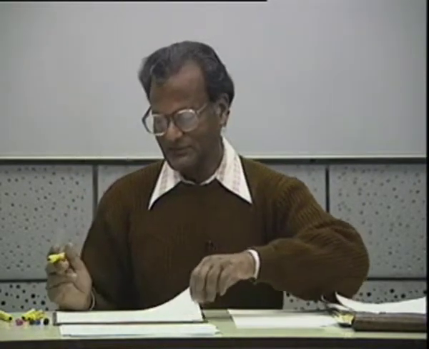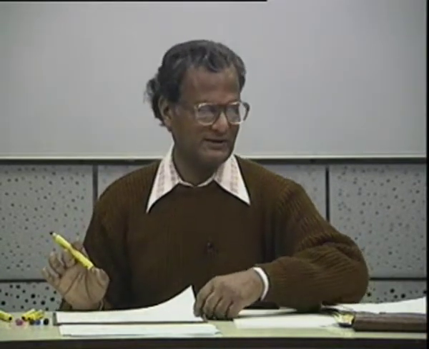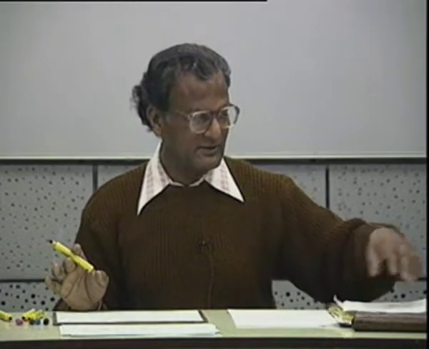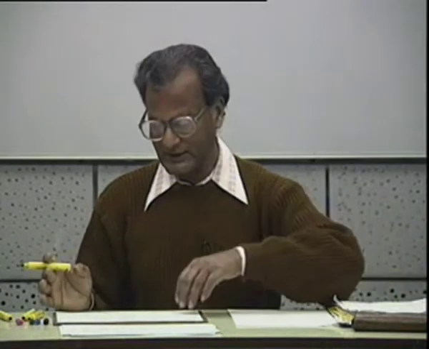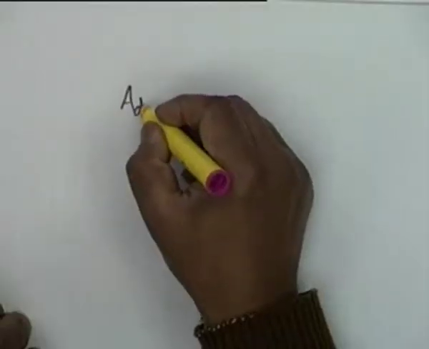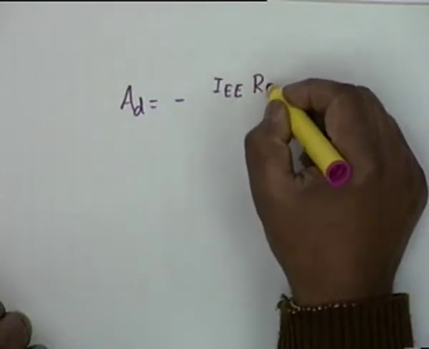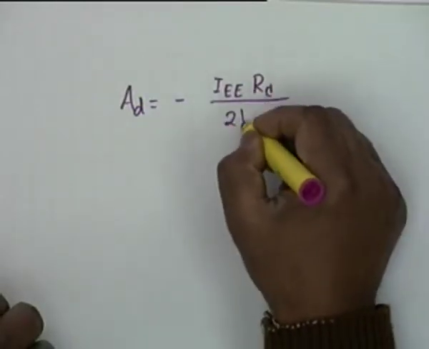That's it. And this is true for approximately all BJT amplifiers at room temperature. What happens with FET we shall see later. But this expression also is very illuminating, minus I sub EE R sub C divided by twice VT.